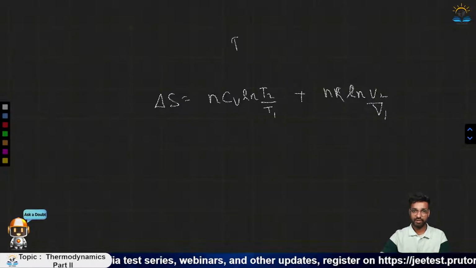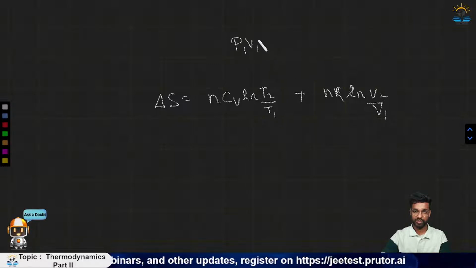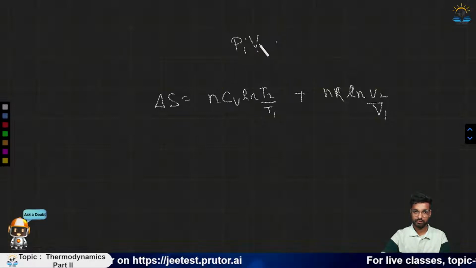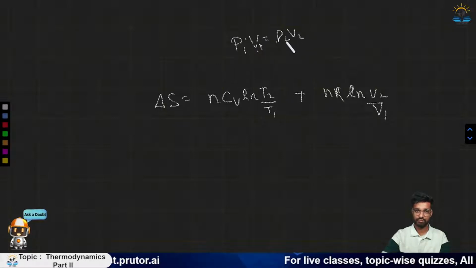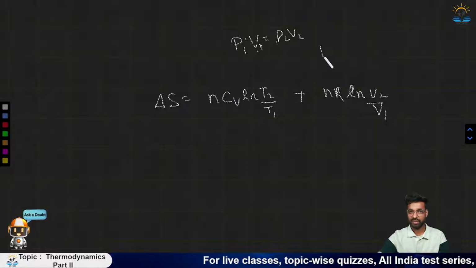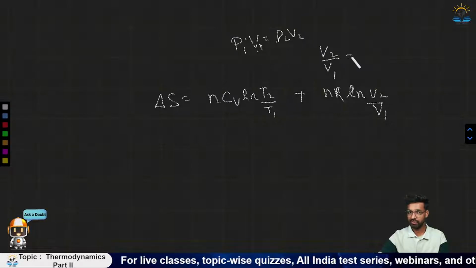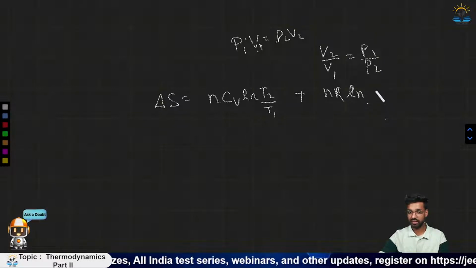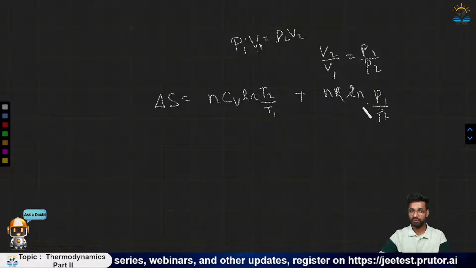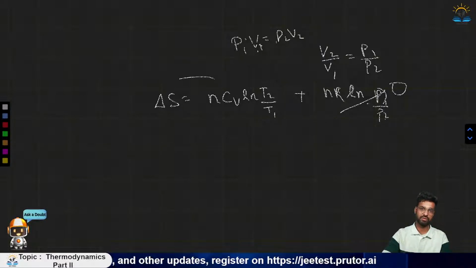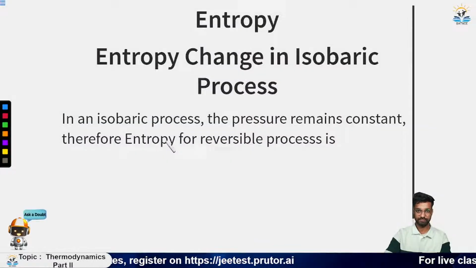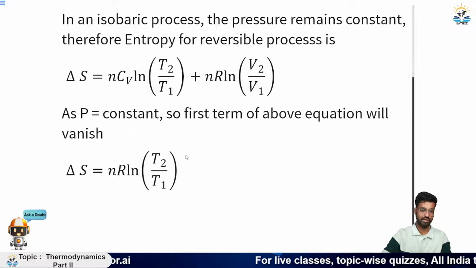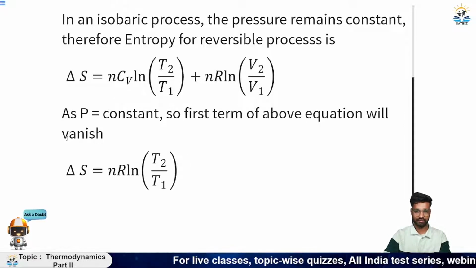Now we know that P1 V1 is equal to P2 V2. So we can write here V2 by V1 is equal to P1 by P2. Now since it is an isobaric process, P1 will be equal to P2, so that term will be 0. So the final formula will be nCV ln T2 by T1. The same thing is written here.